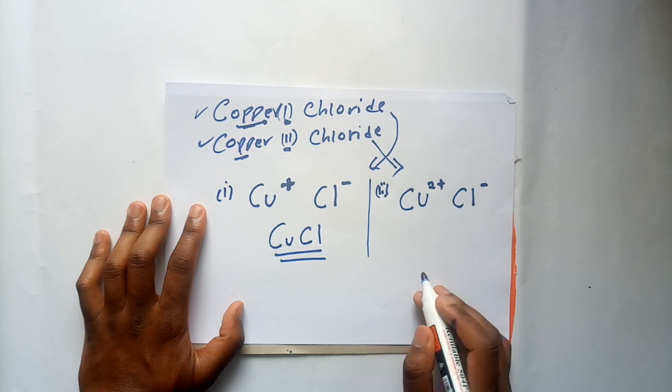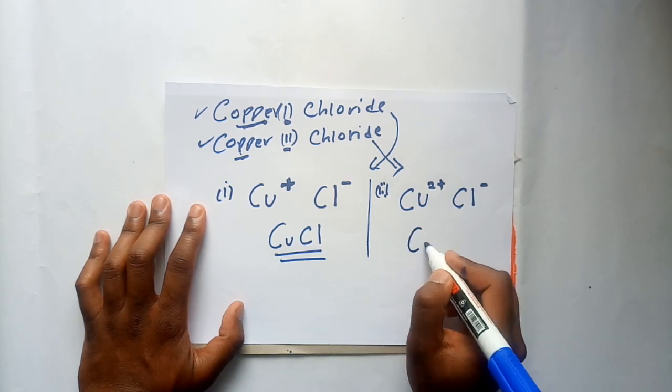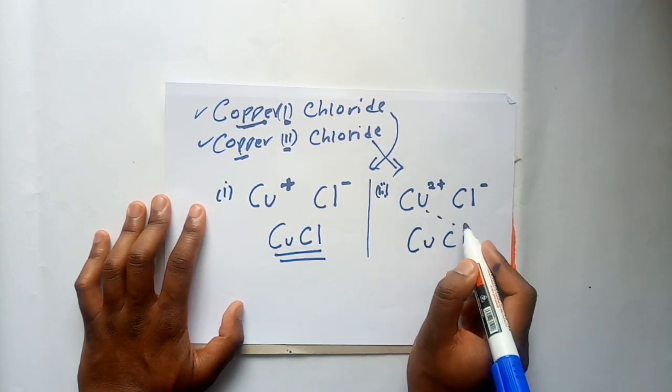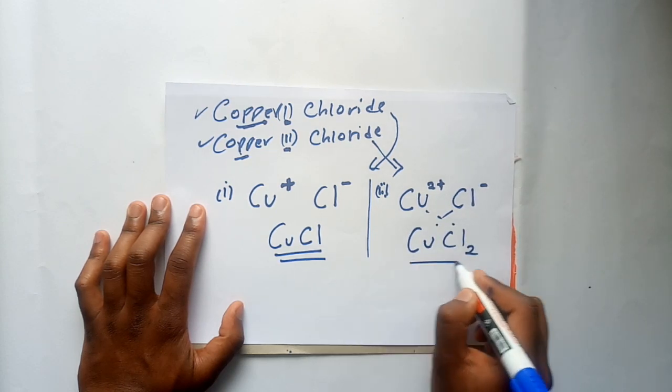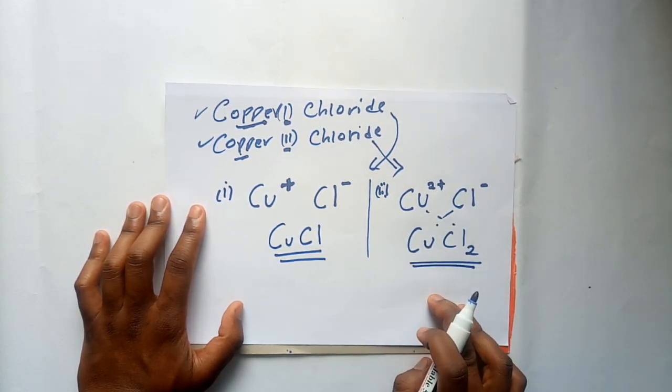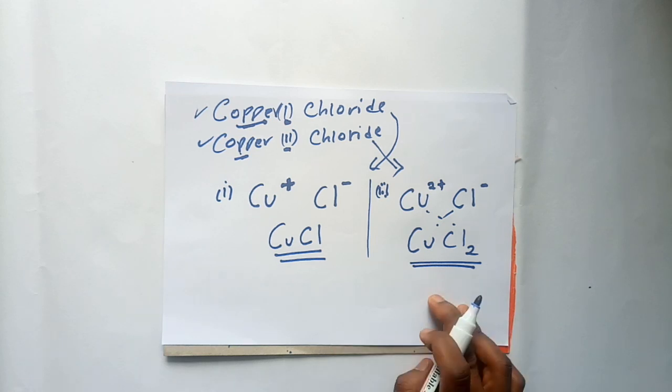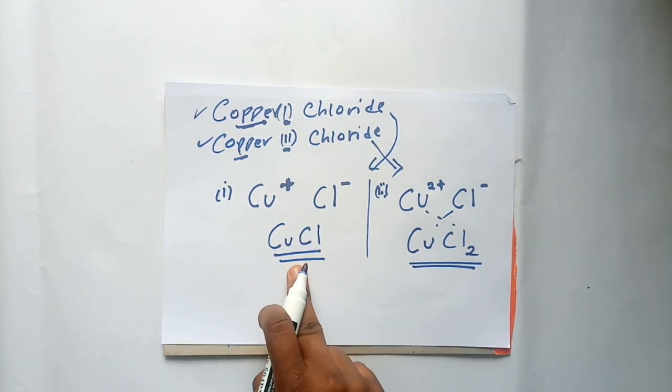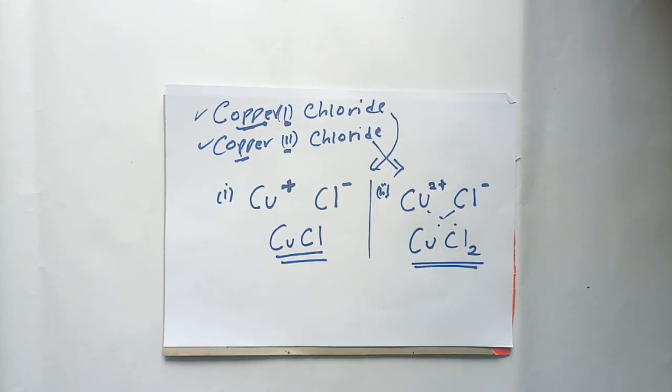So the formula will be, remember what we said, we simply exchange. So the formula will be CuCl2. So this is copper 1 chloride, this is copper 2 chloride. Let me show you another example.